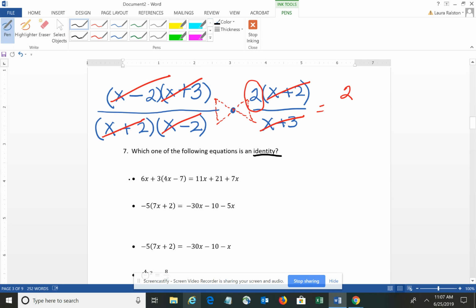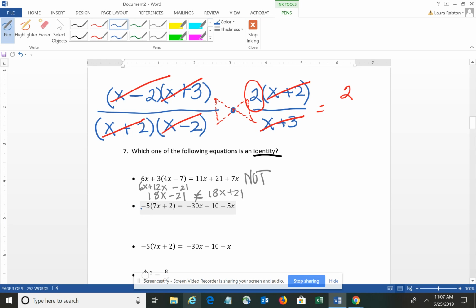If I look at this first one and I do some of the math, I have 6x plus 12x minus 21, which is 18x minus 21. On the other side, I have 18x plus 21. Those are not the same. One has a plus, one has a minus. So that is not an identity. Then you have the second one. If I distribute, and I think this is what a lot of you guys are doing, you're forgetting to do the distribution.